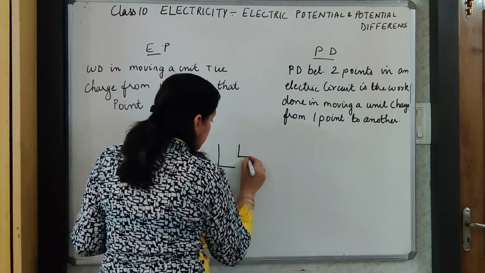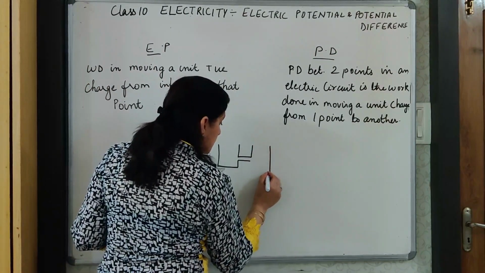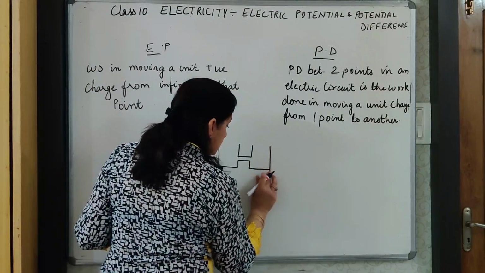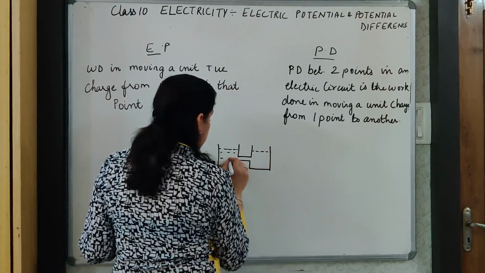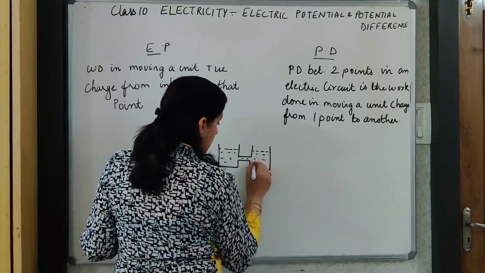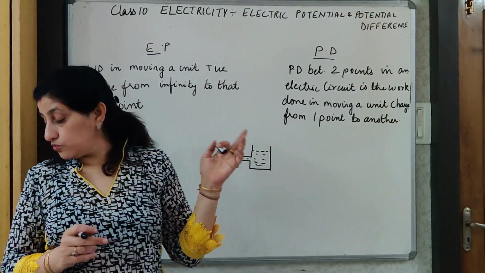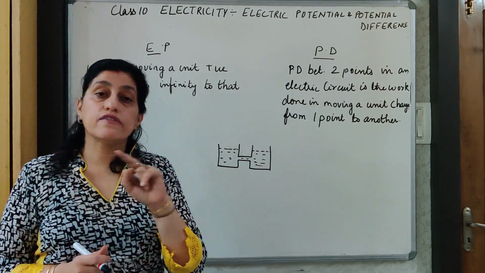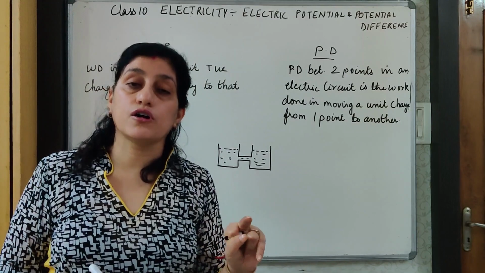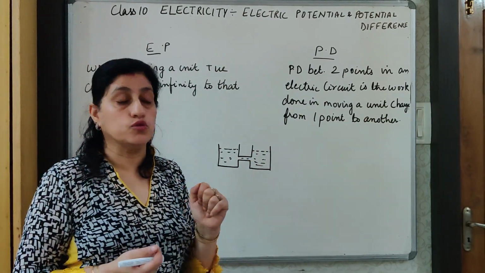These are two beakers connected to each other through a pipe, and there is water in both at the same level. And they are also at the same level. So is the water going to move from one to the other? No, there will be no flow of water because there is no difference in the level of the two.